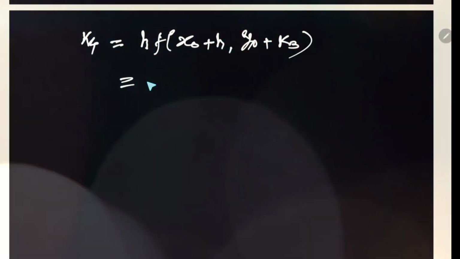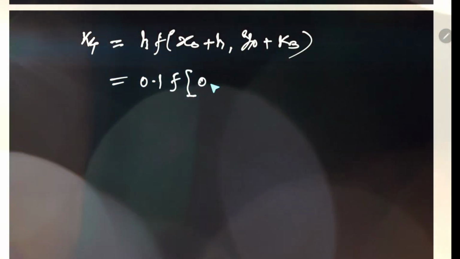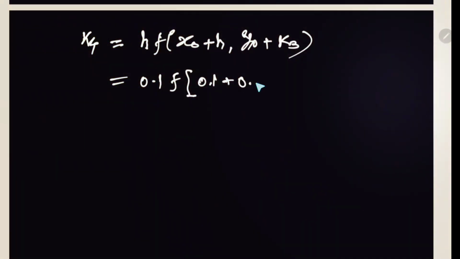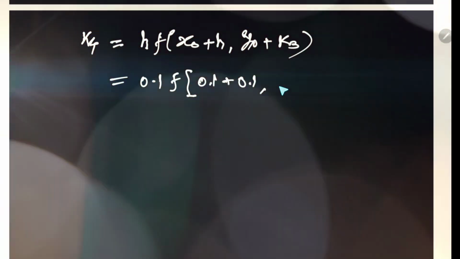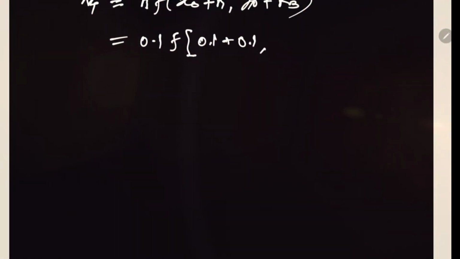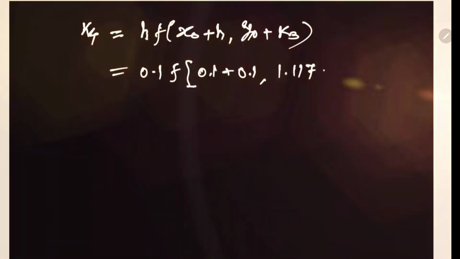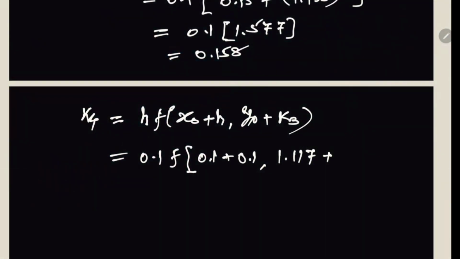Then lastly K4, h as 0.1, f of x0 is 1.1, h is 0.1, y0 is 1.117, it is 1.117 and K3 as 0.158.